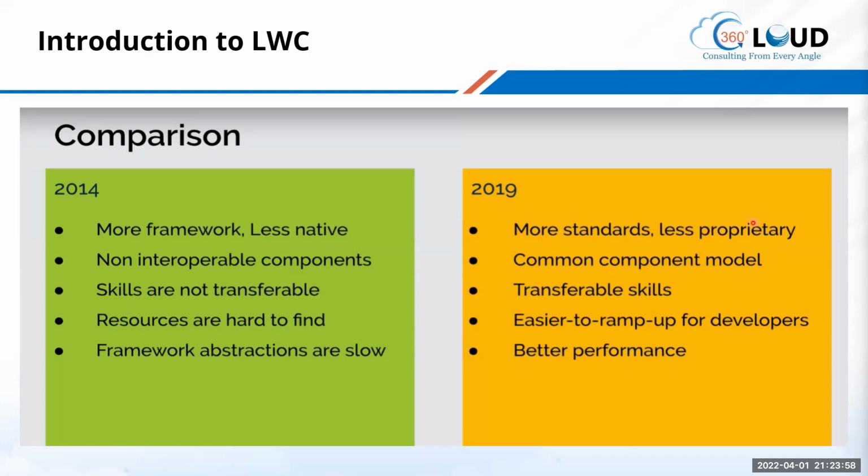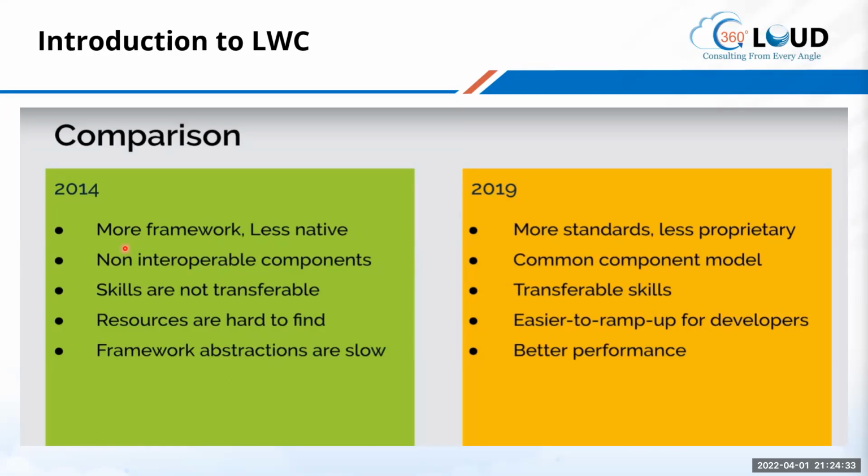It means we just need to use standard features, so it doesn't need any thick layer of framework. Aura had non-interoperable components, so we cannot use the components in another technology. If you are coming from a non-Salesforce background, like Python or Java or simple JavaScript, then you have to learn the Aura component framework by itself.